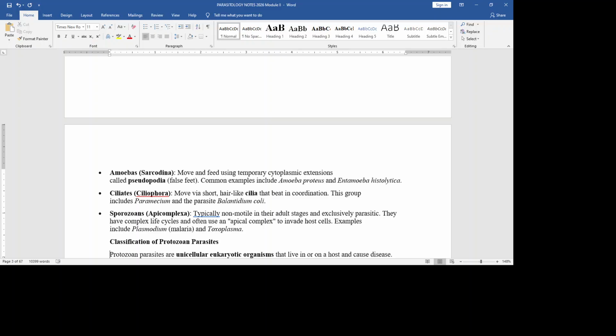These have complex life cycles and often use a very special apparatus known as the apical complex to invade the host cells, hence the name apicomplexa. And examples include the Plasmodium, which causes malaria, and Toxoplasma species, which causes toxoplasmosis.